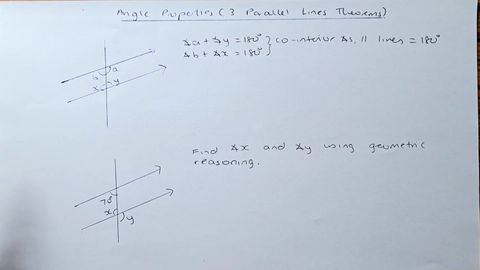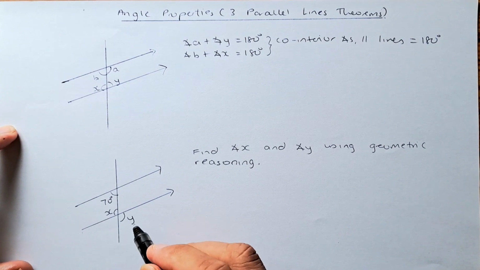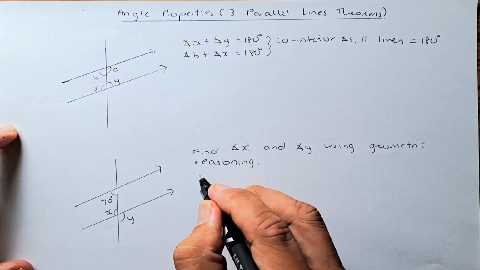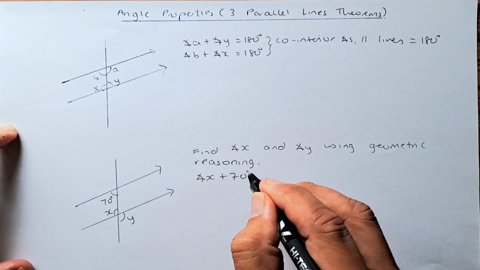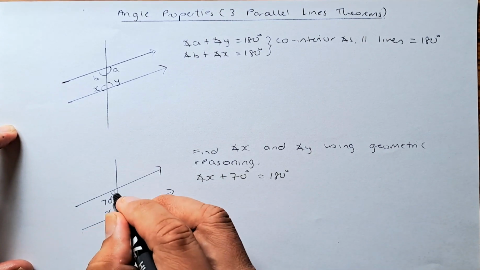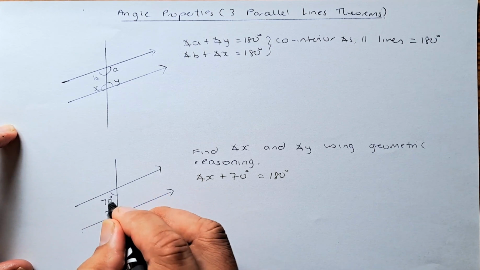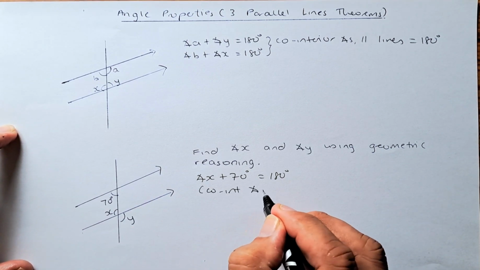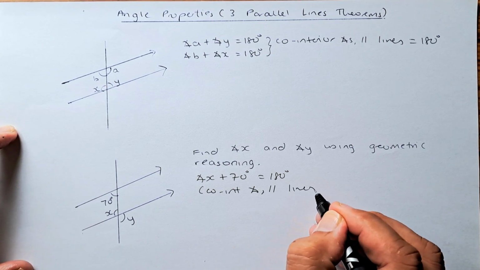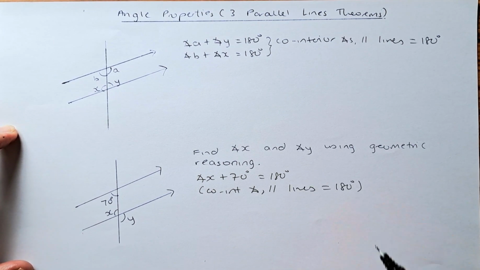So we shall look at the example now. You are supposed to find X and Y. First, angle X plus 70 degrees must add up to 180, because they are co-interior. They are parallel, the inside. So you must put the reason: co-interior angles on parallel lines add up to 180.